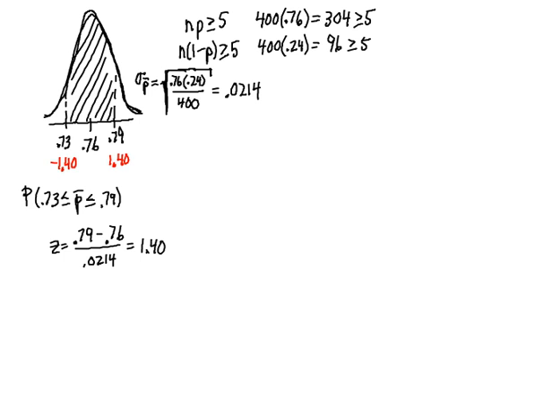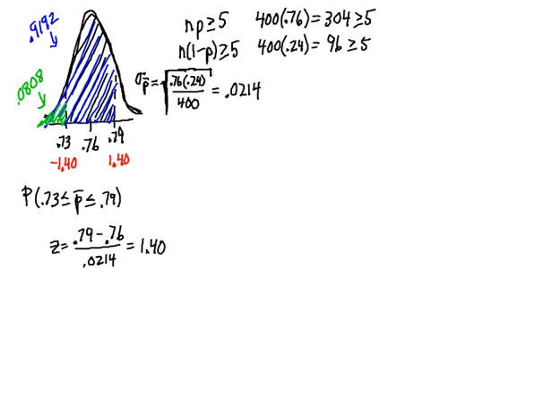I'm going to go to the standard normal table and look up the 1.40, and I get 0.9192. Then I'm going to go look up the negative 1.40 and get 0.0808.